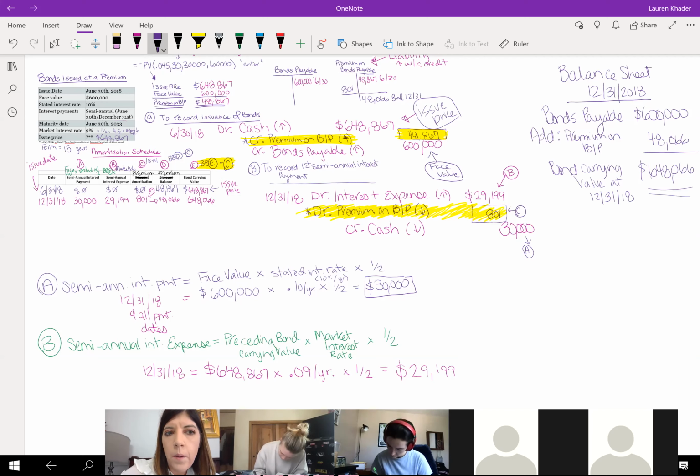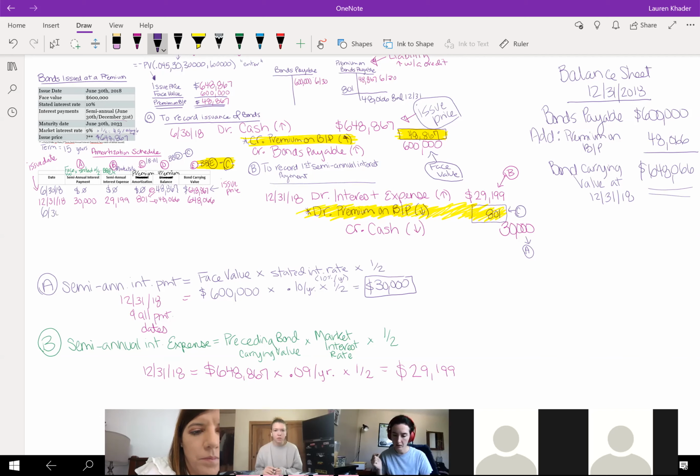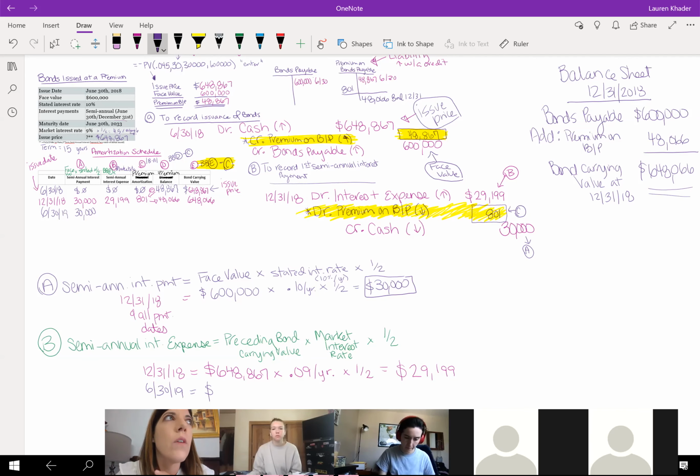What's the next date in my table? June 30th, 2019. And we'll have 30,000 as our semi-annual interest payment because that's the same amount every period. Semi-annual interest expense at June 30th, 2019 equals the preceding bond carrying value.